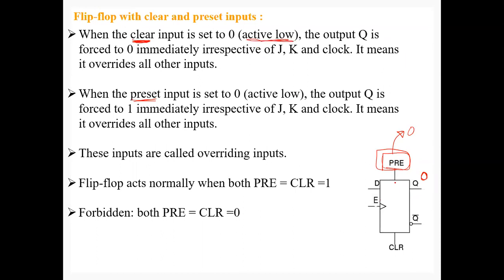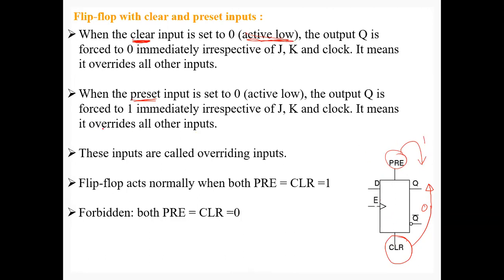Meaning this becomes active when it is low. That's the meaning of active low, okay? So when clear is active, your Q is 0 right away. Sorry, I said it the other way around. When you push preset, you get 1 right away. Okay. It's the method of getting 0 or 1 right away.